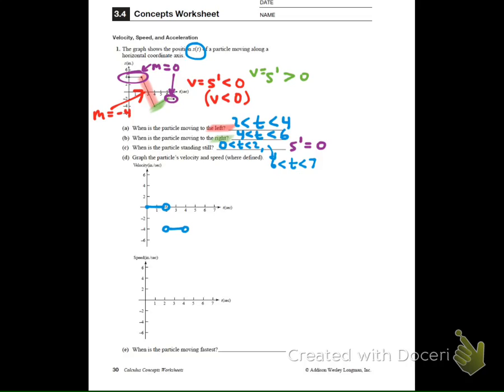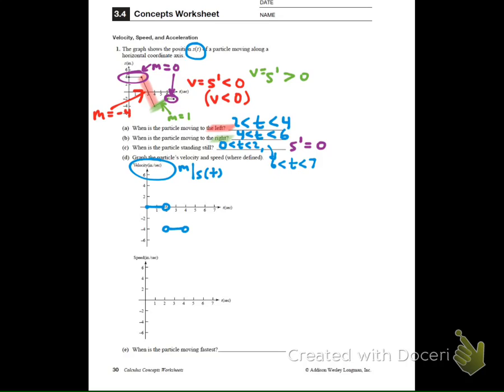And guess what? The slopes of s are the same as the velocity. So the velocity is the slope of s of t. That's really what we're graphing: a picture of all the slopes of the graph of s of t.